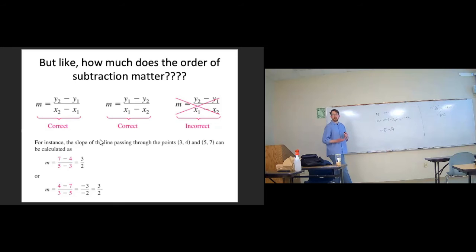Does this make sense to everyone? We can see that looking at these two examples, we have points 3, 4, 5, 7. Notice 7 and 5 associated with the second point, 3 and 4 associated with the first point, right? So preserving that order, everything works out good. But what happens when we change that order?